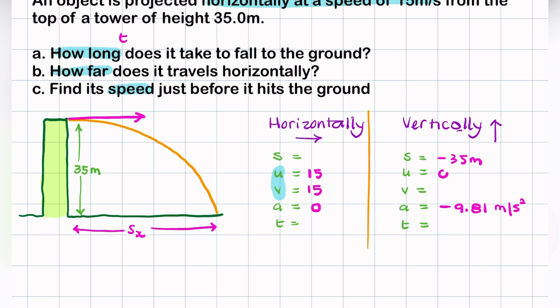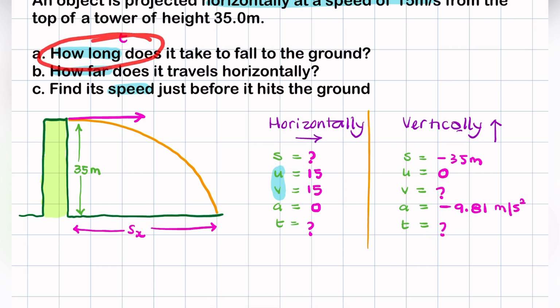It's not moving vertically initially because it's moving horizontally. V is unknown. We're going to need that for our third part. T is unknown, and S is unknown. So basically, we need to find S, V, and T.